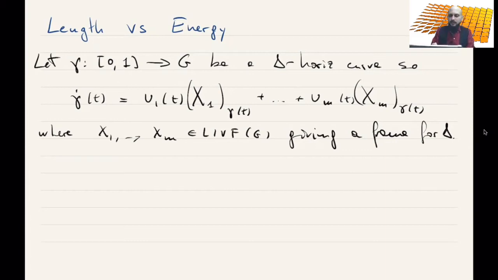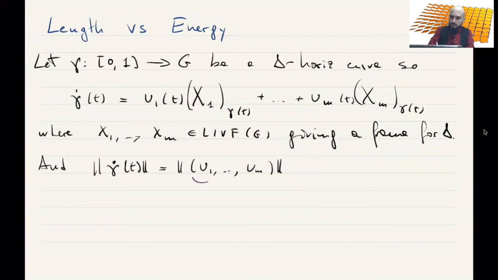Then when we identify with the frame the norm on R^m, we have that the norm of the tangent vector is just the norm of the vector (u1, ..., um).